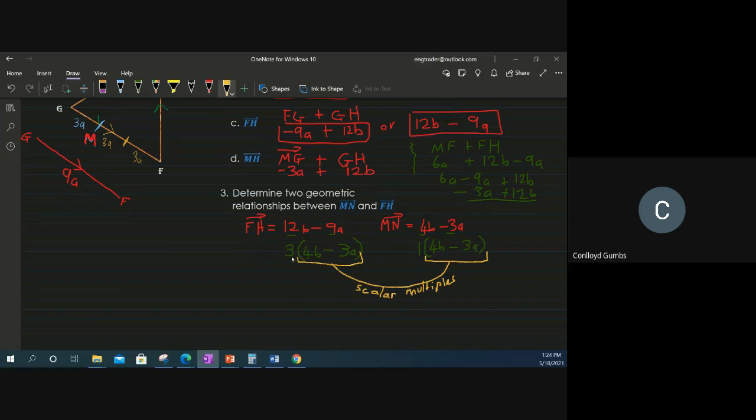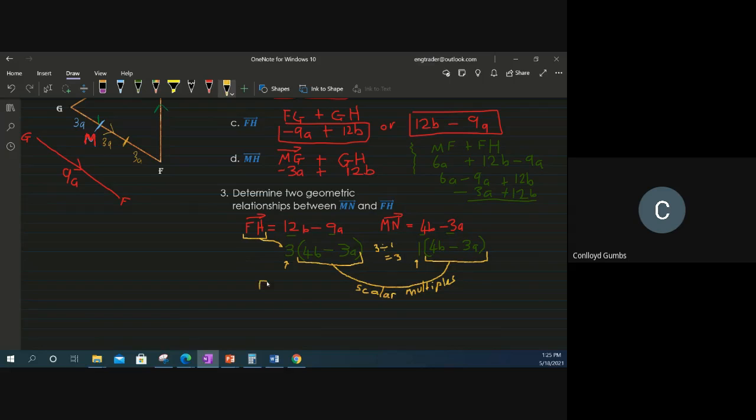So what I would need to do is look at the number in the front. In this one we have a 3, and in here we have a 1. So 3 divided by 1 gives us 3. So I'm saying that FH is 3 times the size of MN.